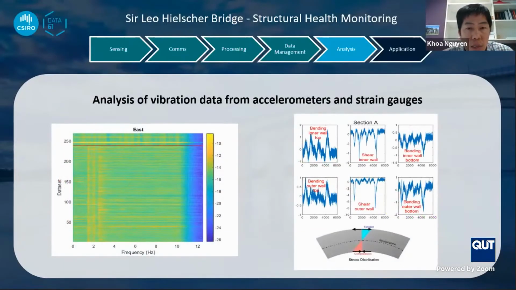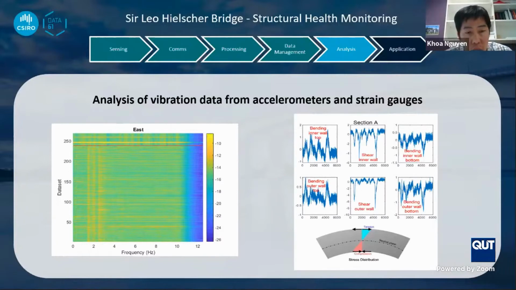We also analyzed the data collected from the accelerometers and the strain gauges in the span. The left figure shows some of the dominant frequency bands for the exterior of the span.